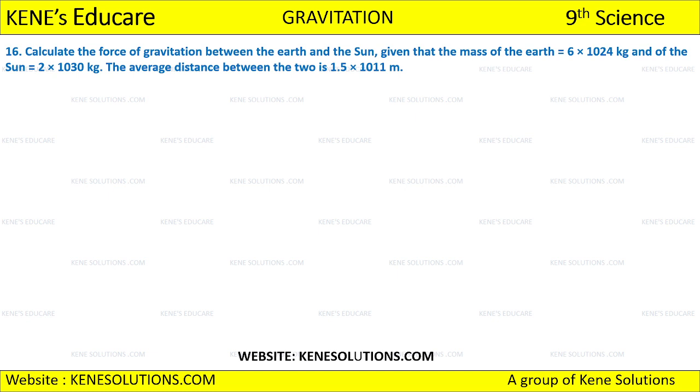So according to the question, you have the mass of the sun, which you are going to represent as Ms, that is equal to 2 into 10 raised to 30 kg. Mass of earth, that is Me, is 6 into 10 raised to 24 kg, and distance r is equal to 1.5 into 10 raised to 11 meters.